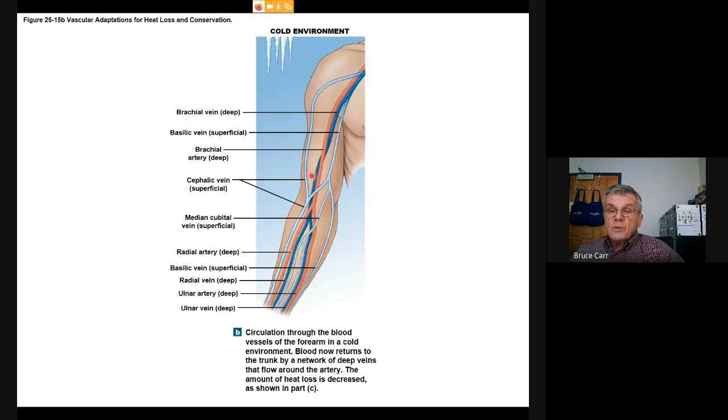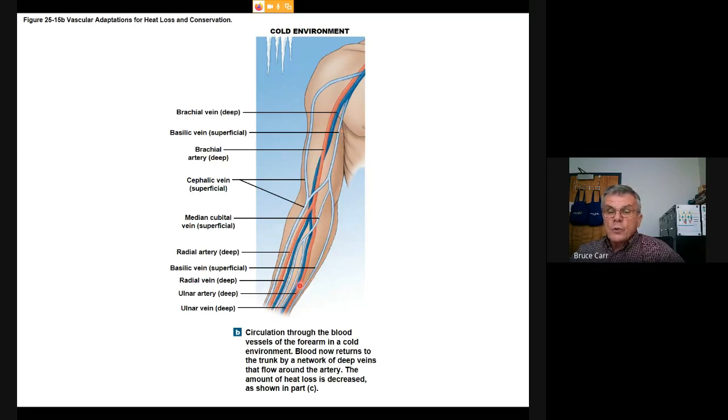But also notice something that's going on here. As we flow down here, we've lost heat all along the arm. And as we flow right here, this deep vein is also right next to the artery. So heat from the artery is heating this region.